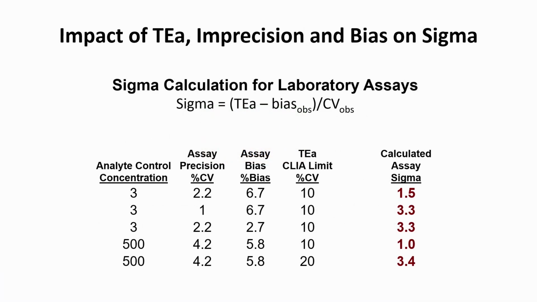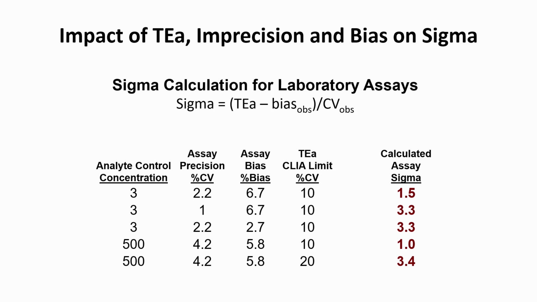Let's take a look at how this impacts sigma metrics. So here's our sigma calculation. Remember, it's total allowable error minus bias divided by the coefficient of variation. If we have an analyte concentration, our control at 3, assay precision or imprecision is 2.2%. Our bias of 6.7 within a total allowable error limit of 10, we calculate a sigma metric of 1.5.